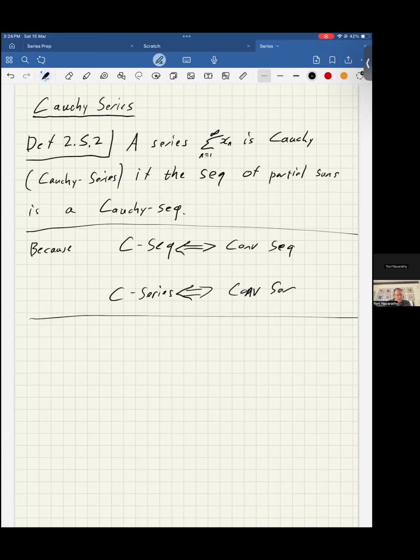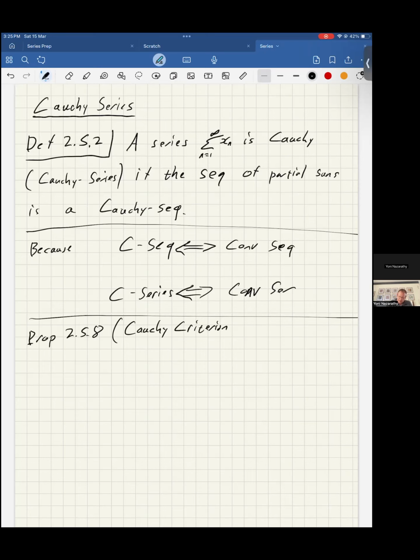Still, we can now do just a bit of manipulation and get what's quite useful, and we call that a proposition here. So proposition 2.5.8 in the book, and that's often called the Cauchy criterion.